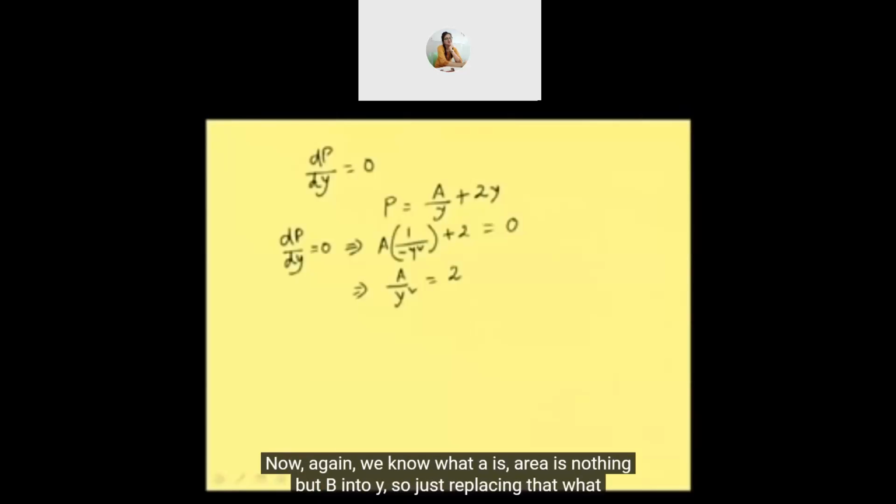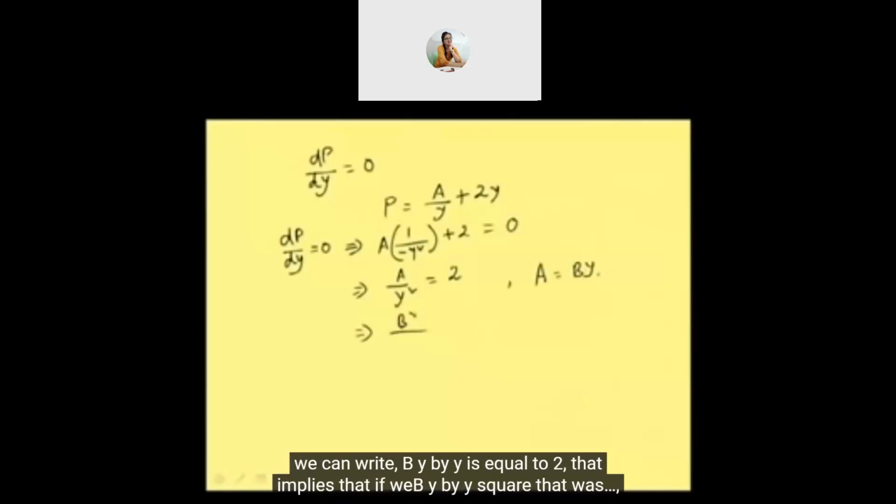Now again we know what A is. Area is nothing but B into Y. So just replacing that, BY by Y square is equal to 2.